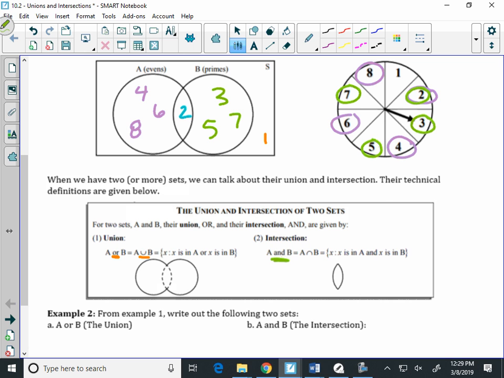The symbol in math that we sometimes use looks like an upside down U or a lowercase n. How I like to look at it, because and and intersection both have an N in them, that N sound. So when you see that N shape, that means intersection, or and.